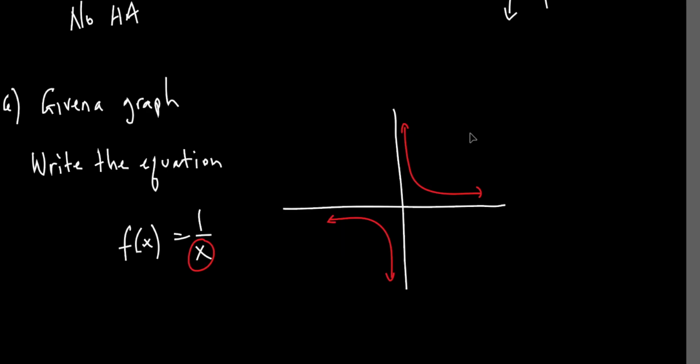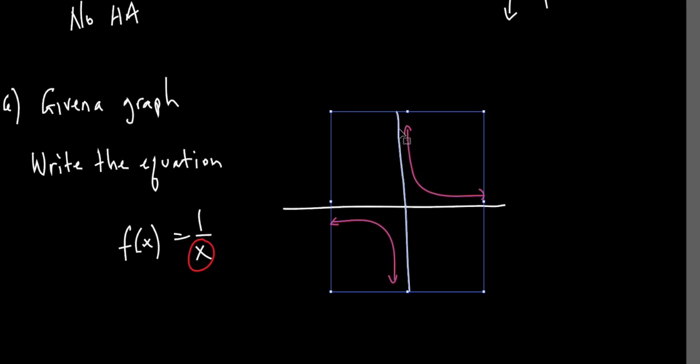What if this thing was shifted, though? Let me see if I can grab it all. Hit shift. What if this was, let's grab this. Let's hit shift and grab that. It still grabbed it. Come on, stop it. Let's try this again.